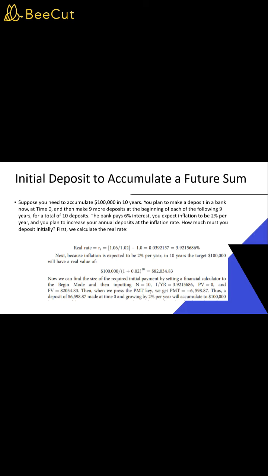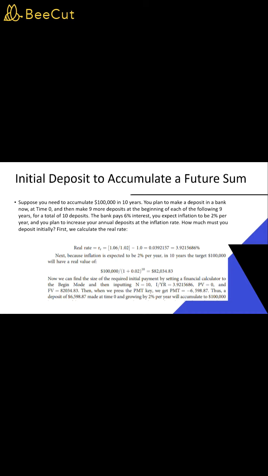For the interest rate, we are not going to be using 6%. We are going to be using the real rate, which is 0.0392. Okay, so we're going to input that, and n is going to be 10 because there's no change in the number of periods, and present value is going to be 0 because we are figuring out what the payment is, and we're not really talking about the present value. We're trying to figure out the future value, considering payments are being made every year.